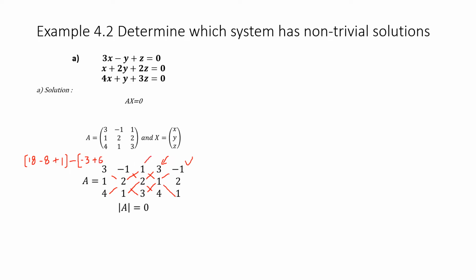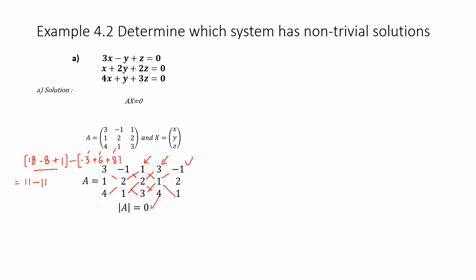And this diagonal, 1, 2, 4, is 8. These three I think will give us 11, and then minus 3 plus 6 is plus 3, and then plus 8, so 11, which is 0.